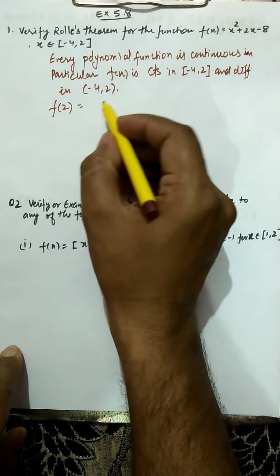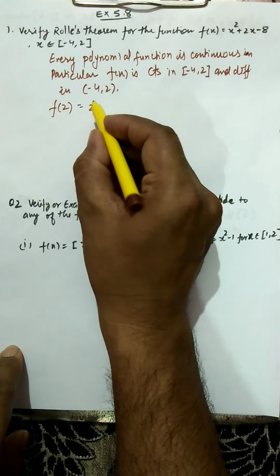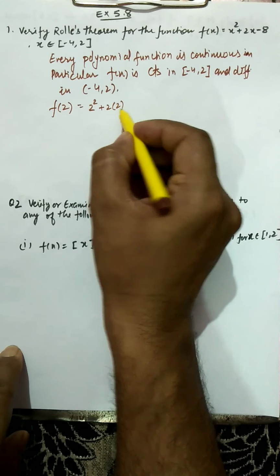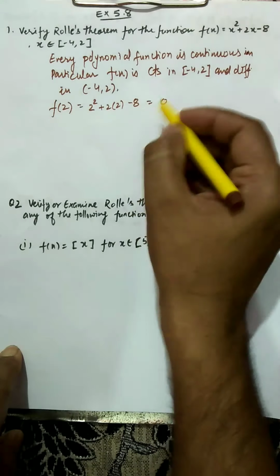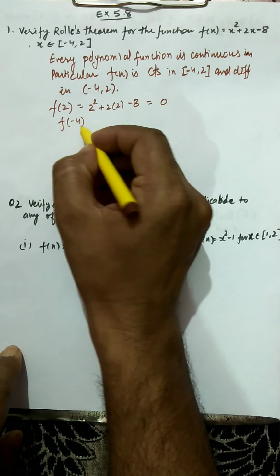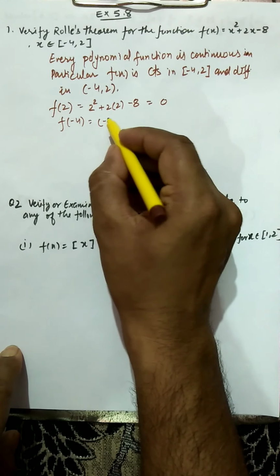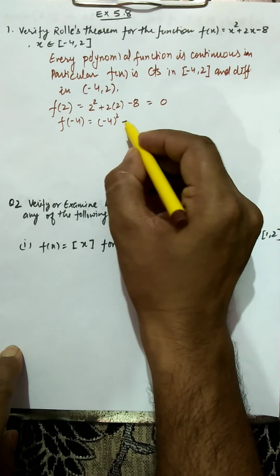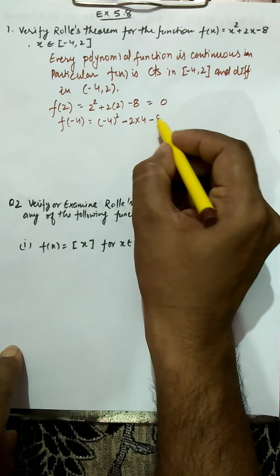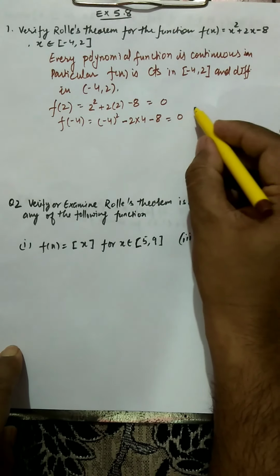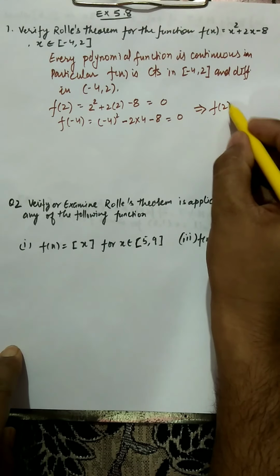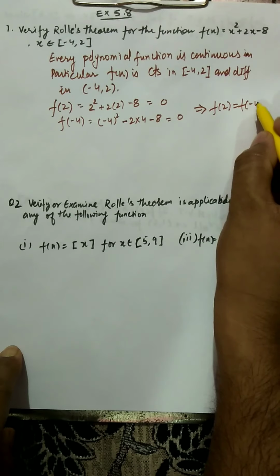My f(2) is, you can substitute, 2 square plus 2 into 2 minus 8, so this is 4 plus 4 minus 8, and this is going to be 0. And now f(minus 4) you calculate, so this is minus 4 square and this will become minus 2 into 4 and minus 8, so 16 minus 8 minus 8, this is also going to be 0. So it implies that your f(2) is equal to f(minus 4).